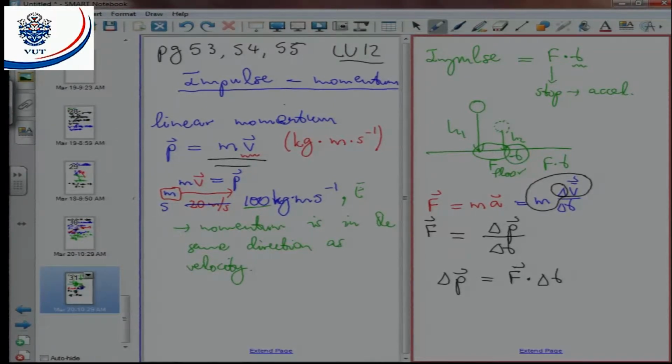Okay, so we call this thing impulse, and delta p is the change in momentum. So this is known as the impulse momentum theorem.